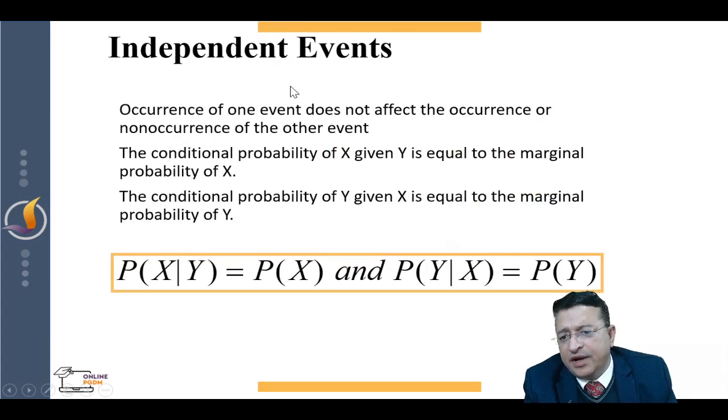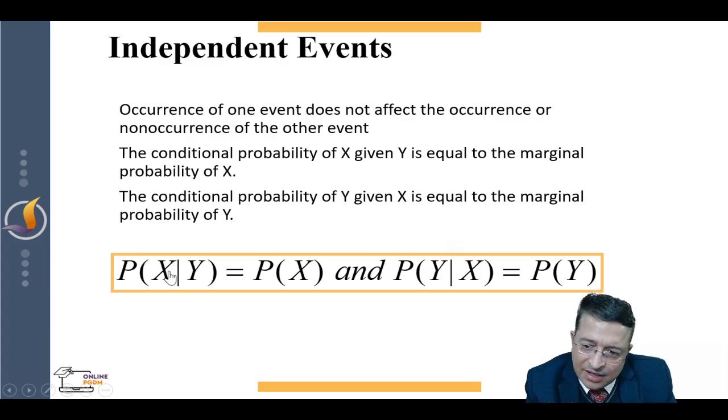Then independent events. As already said, we are talking about at least two events. The occurrence of one event does not affect the occurrence or non-occurrence of the other event. That is independent. But if there is some influence, then these are dependent. Then the conditional probability of x given y is equal to the marginal probability of x. We will see how we calculate all this. Suppose we have the probability of x when some y has already happened.